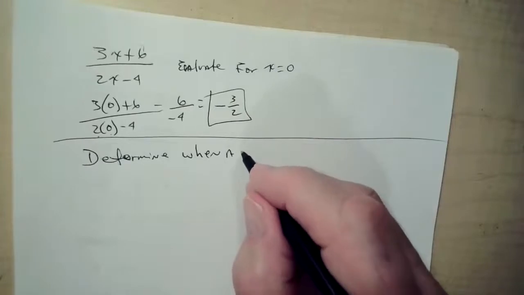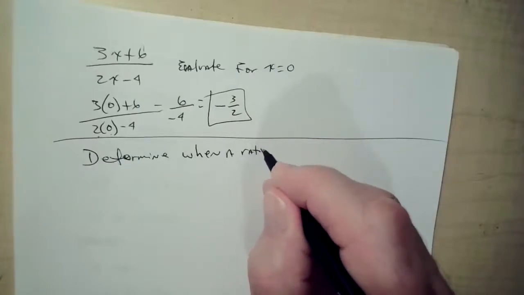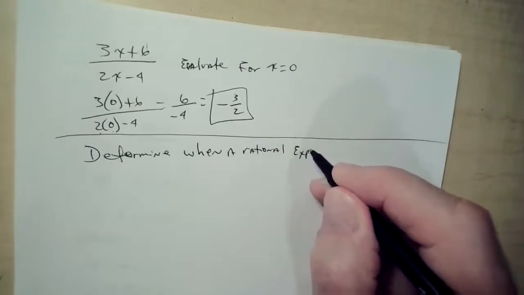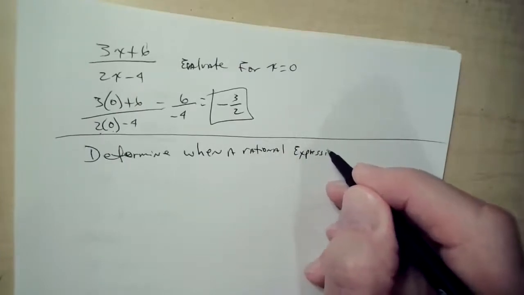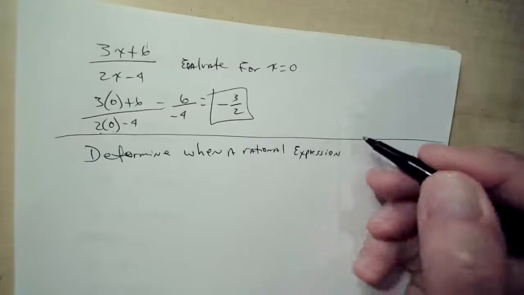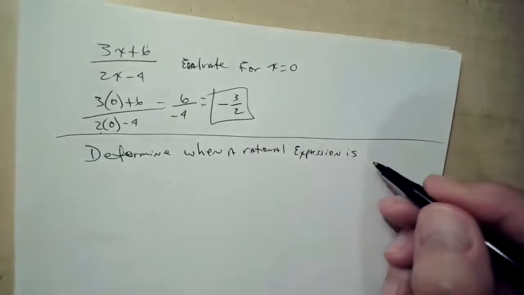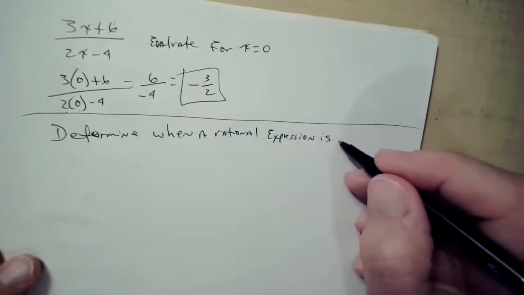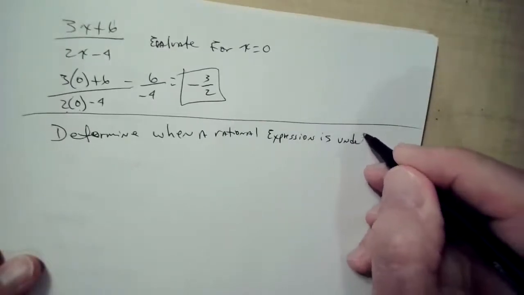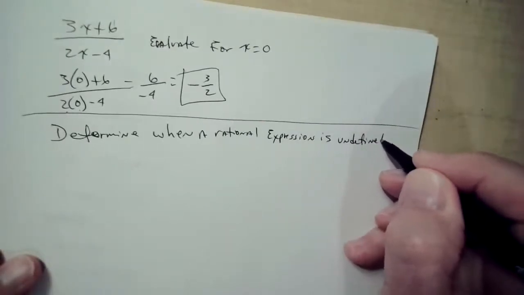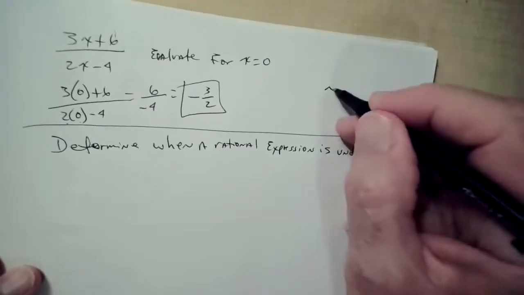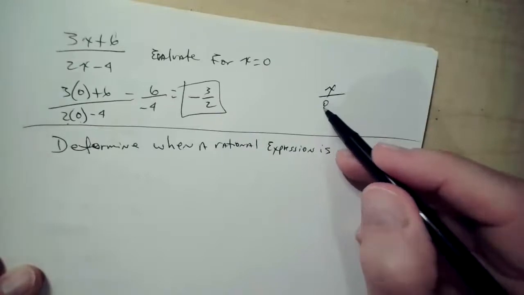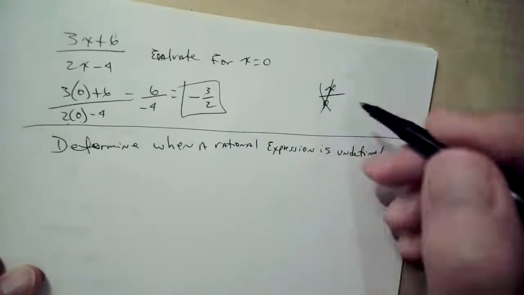Determine when a rational expression is undefined. Undefined is any number over 0.